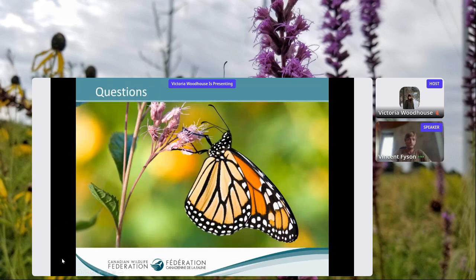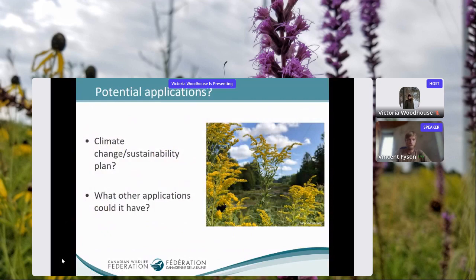Oh, just one back. And of course, we're open to suggestions on what would be useful for inclusion that would help rights-of-way managers decide where to prioritize restoration or help track restoration. For example, if data tracking of habitat restoration is part of a climate change or sustainability plan, perhaps the dashboard could be designed to meet those needs.